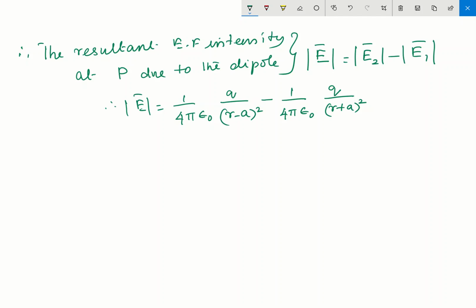That is nothing but Q by 4 pi epsilon naught into [1 by R minus A the whole squared minus 1 by R plus A the whole squared].